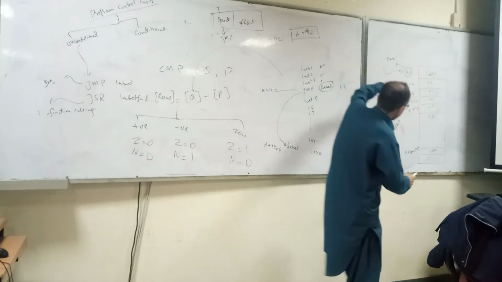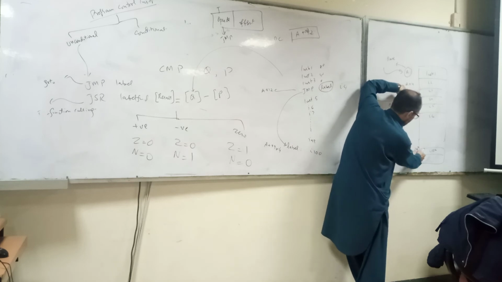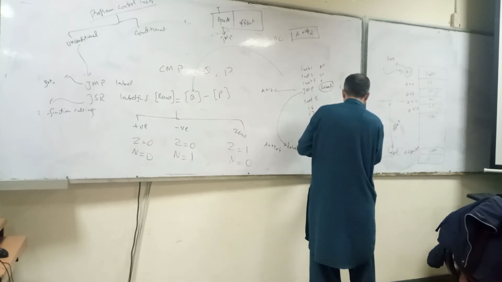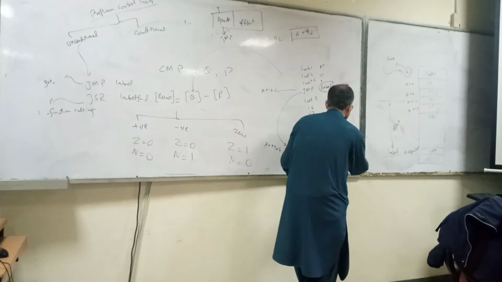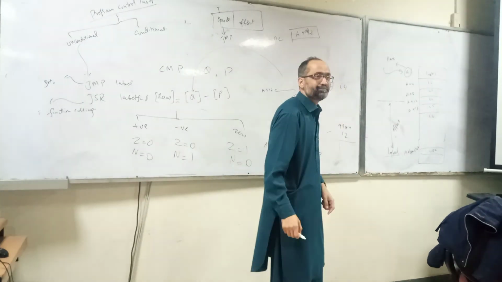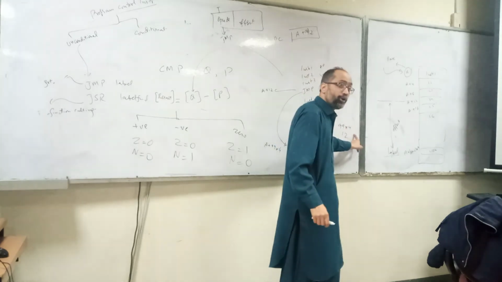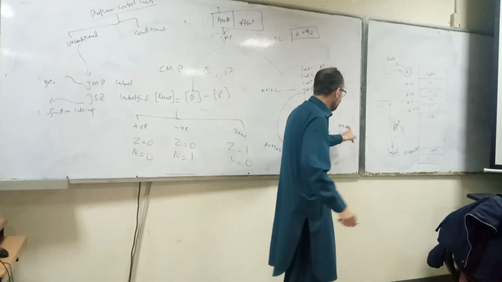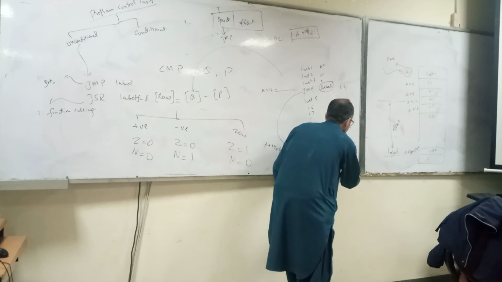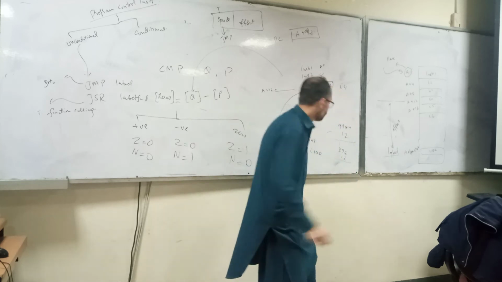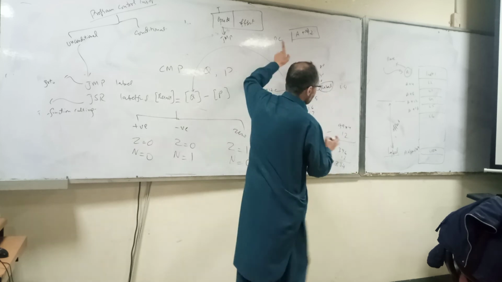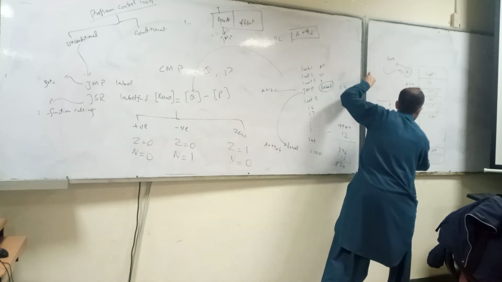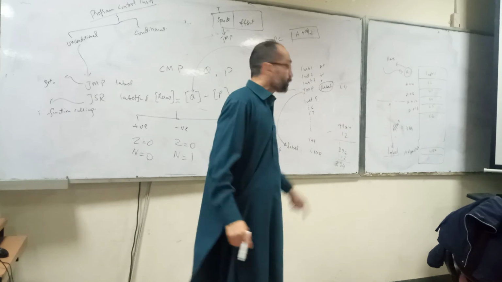Now what is the offset? 99 multiplied by 4 minus 12. 99 multiplied by 4 is 396, minus 12 is 384. So the offset is now 384.